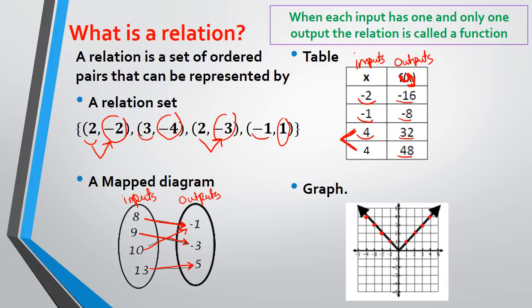Let's take a look at the first point right here, where we have an x coordinate of 4 and a y coordinate of 4. So the input is represented by the x, which is 4, and the output is represented by the y, which is 4. A second example here, where 2 is on the x, or 2 is the input, and 2 is the output.